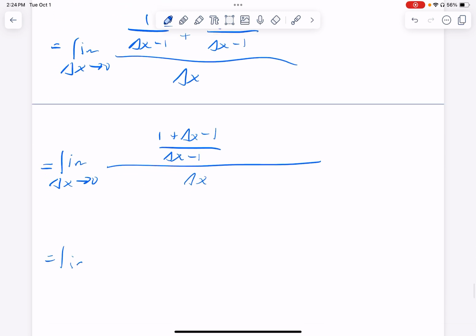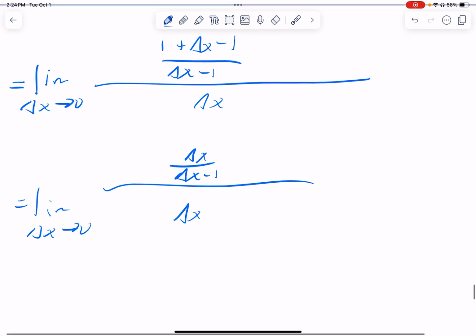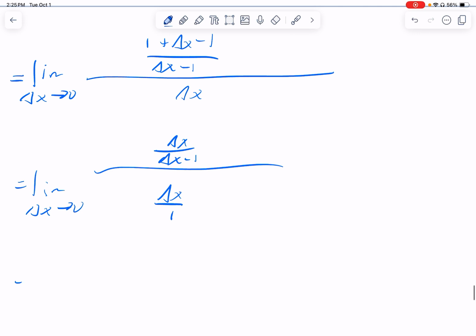And the 1 and the minus 1 cancel. So we have delta x over x minus 1. So now we have division involving fractions. If you have bad intuition about this, rewrite this as the fraction. So now we have fraction divided by fraction, which means we're taking the thing we had up top and multiplying by the reciprocal of the bottom.